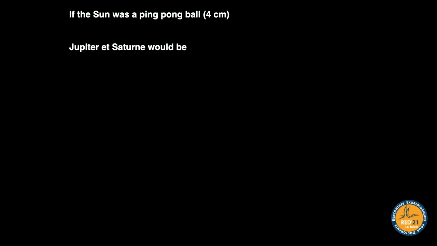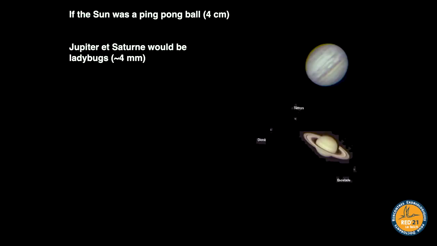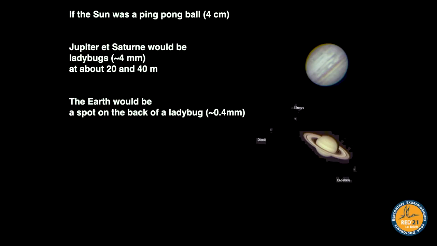If the Sun was a ping pong ball of about 4 centimeters, Jupiter and Saturn would be ladybugs, about 4 millimeters, and they would be at about 20 and 40 meters from the Sun. The Earth would be even smaller than that, because the Earth would be the dot on the back of the ladybug.